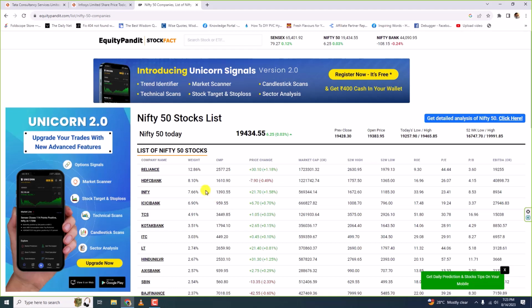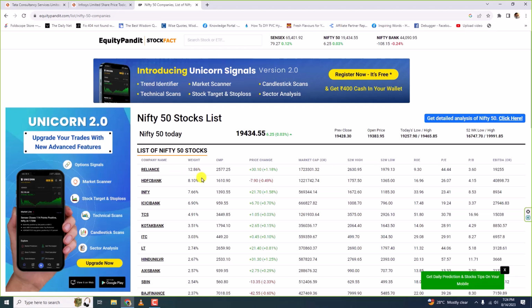If these stocks are moving up, means the price is moving up on any particular day, then you can assume that Nifty itself is moving up. So it is a very simple way to put it, but that is how you can imagine the weight to be. So the weightage of this company in the index is this much percentage.